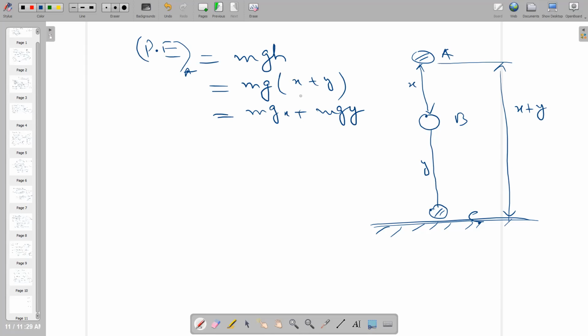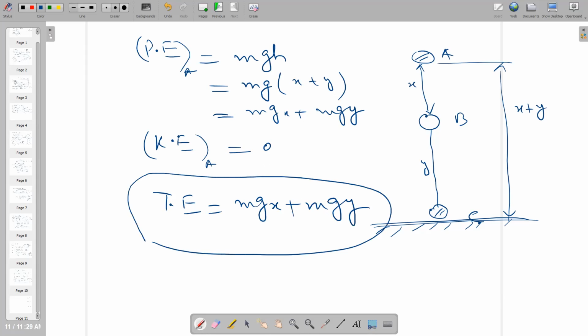What is the kinetic energy at point A? It is 0, because it is not moving, it is at rest. So the total energy will be 0 plus this, which is mgx plus mgy. This is the total energy we can calculate at point A.